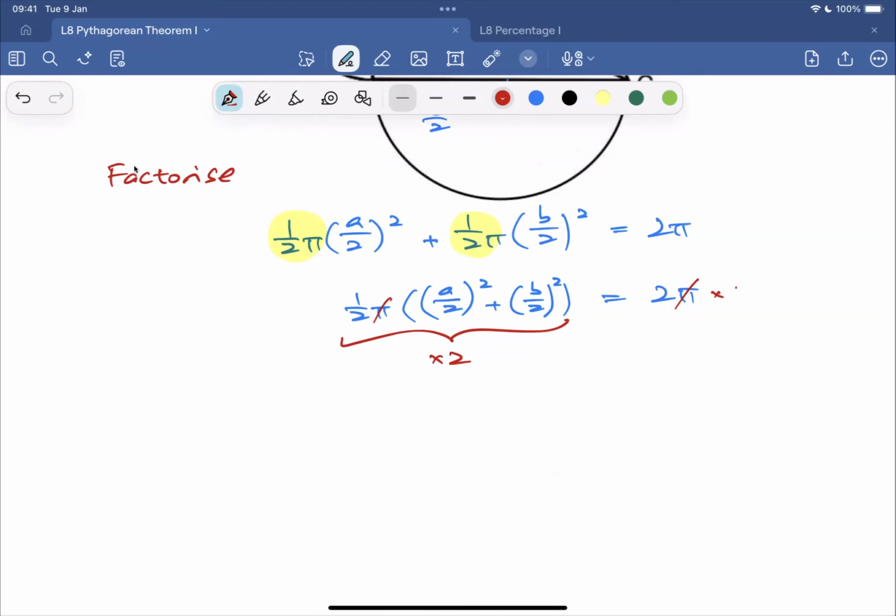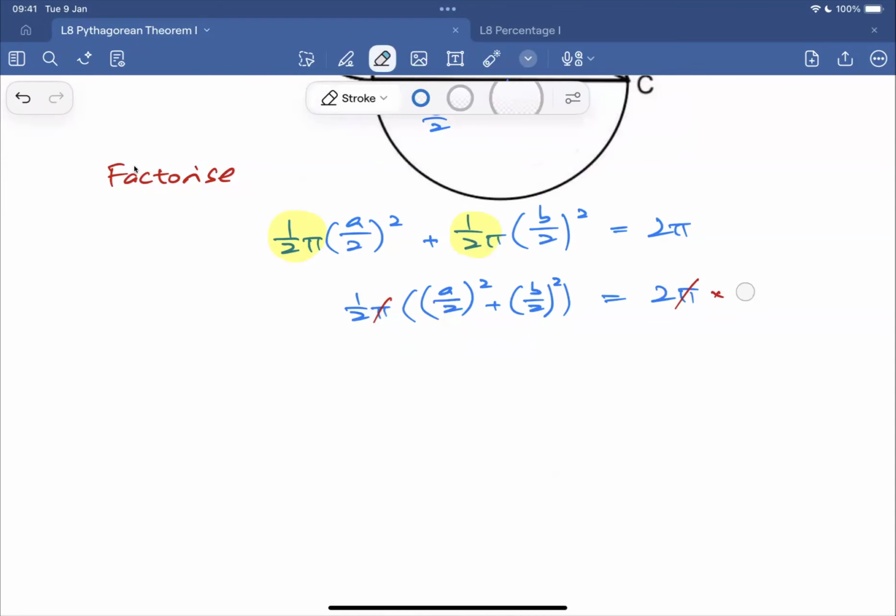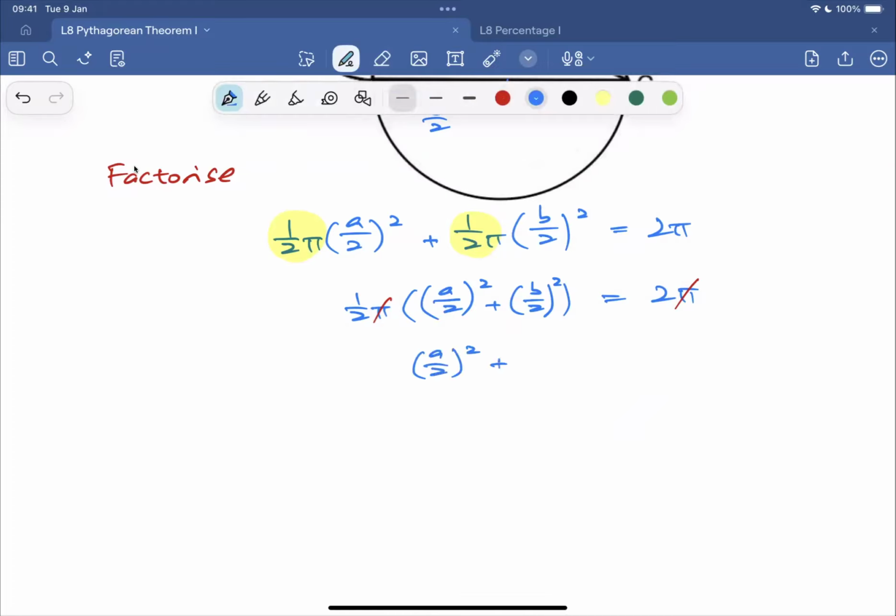So I must also times 2 on the other side. So once I times 2, this will be gone. You're only left with a over 2 squared plus b over 2 squared equals to, don't forget to times 2 here, 4. Okay, good.